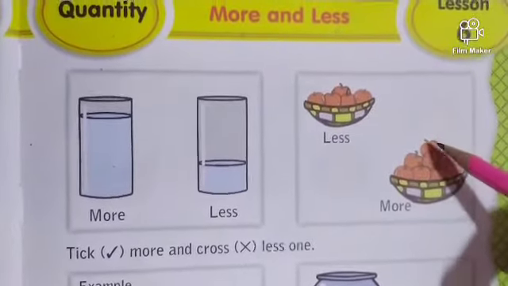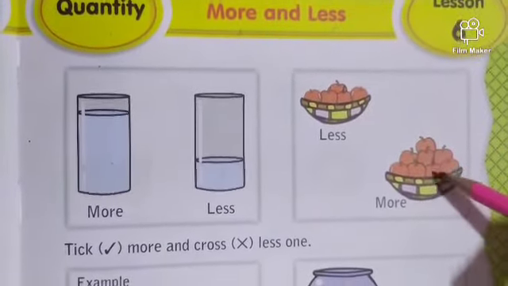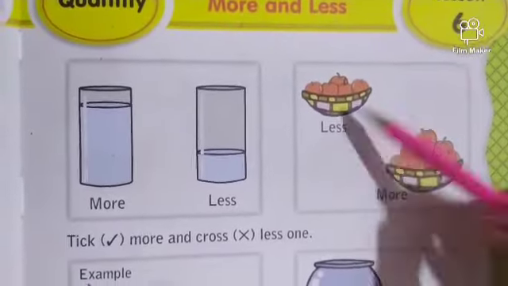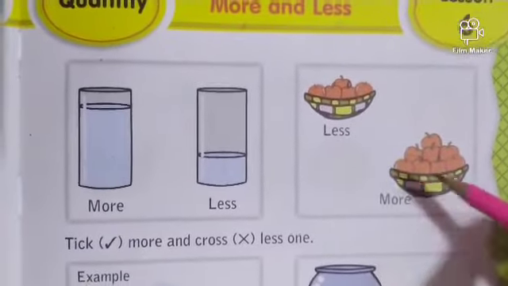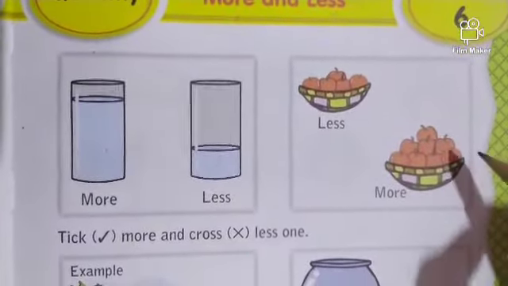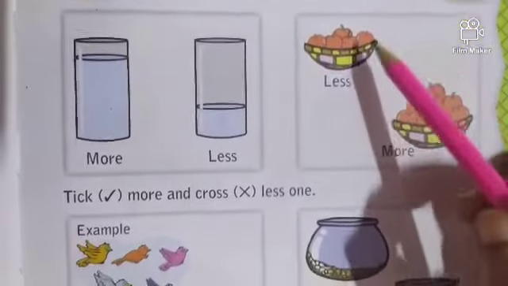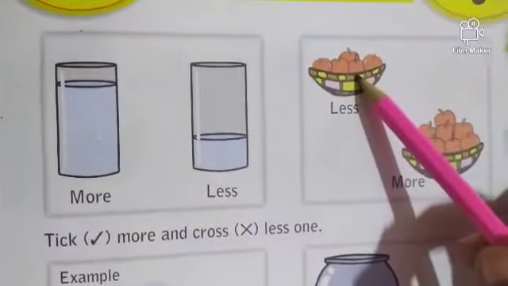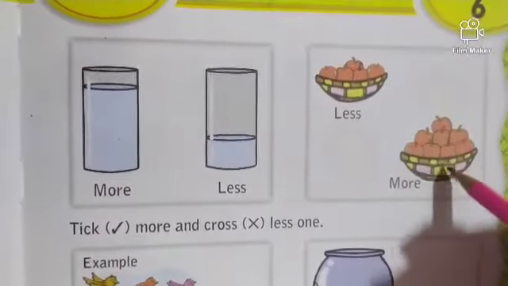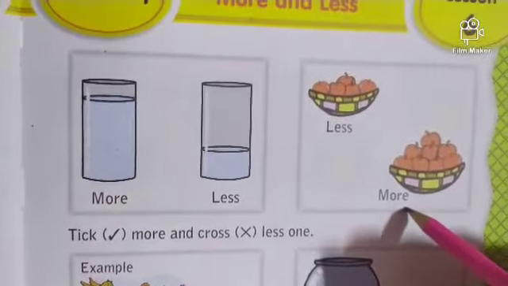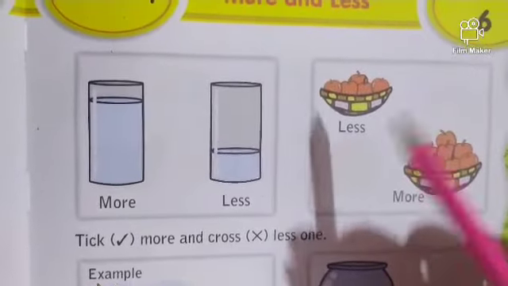And in this basket, 1, 2, 3, 4, 5, 6, 7, 8 apples are there. So tell me, which basket contains more apples? Yes, more apples are there in this basket. And in this basket, there are less. Here, jada apples. Here, kam apples. Okay.